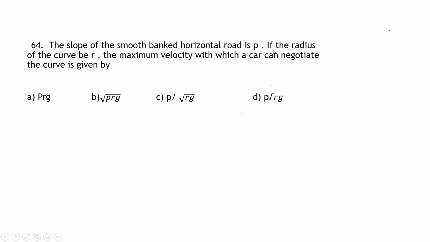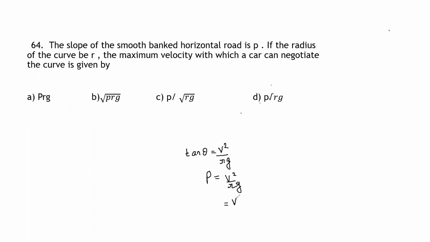Here we know, just now we used the same formula, that is tan theta is equal to V square divided by R into G. The slope is nothing but, as mentioned in the question, P. So P is equal to V square divided by R into G. They are asking you to calculate the velocity.